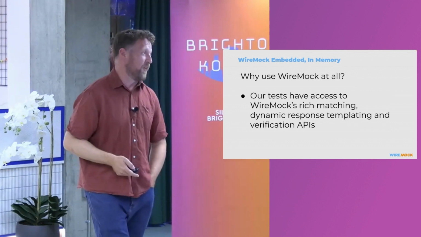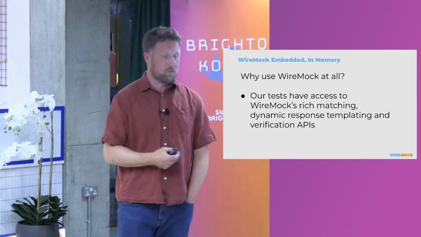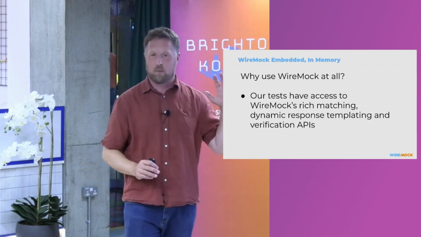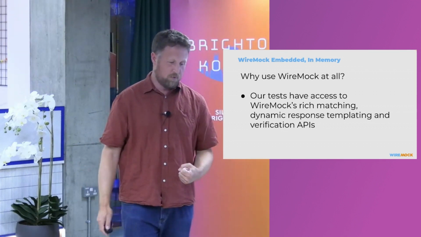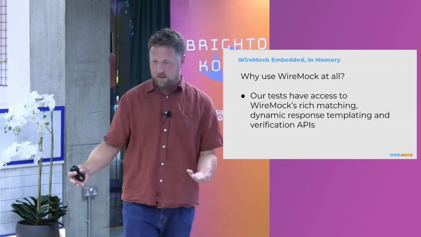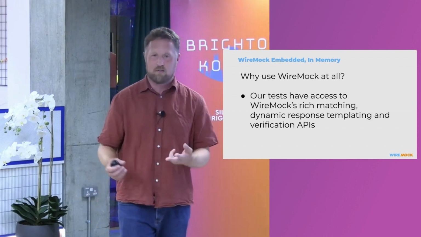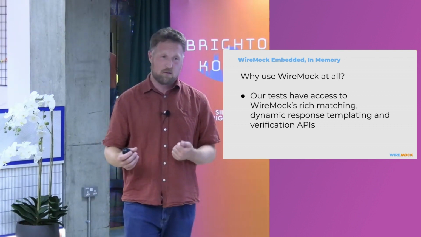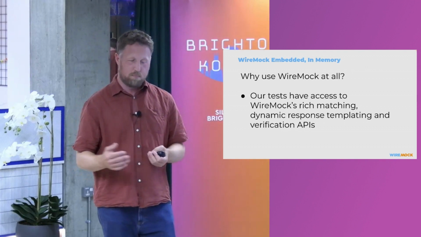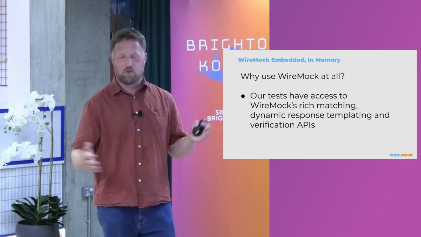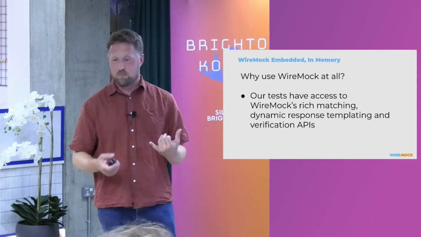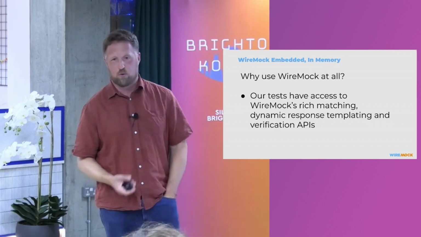But possibly the most useful, I think, is just that you immediately get access to WireMock's ability to do these matches. Now, WireMock can match on literally anything in the incoming request. It can use JSON path or XML path to reach deep into the body of the request to match on bits there. It can match on anything in the headers, anything in the query, anything in the cookies, obviously on the path. It can do so using path template parameters. So you don't have to do a hard-coded path. You can have a matching on something that's going to match dynamically based on regular expressions or a path template pattern.